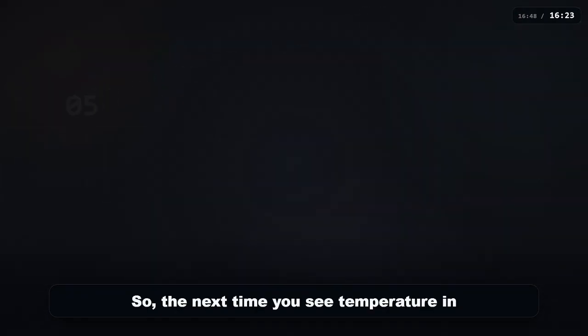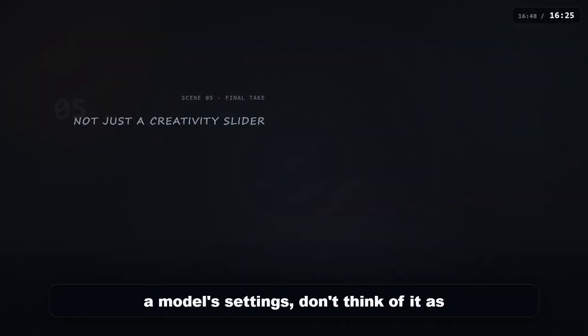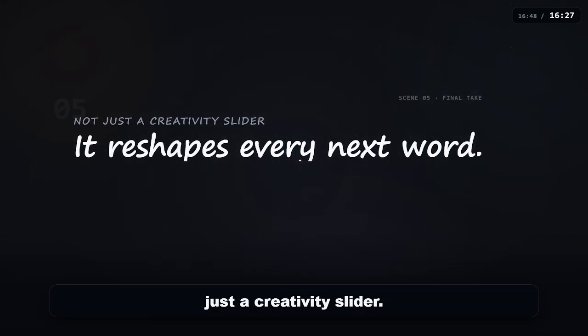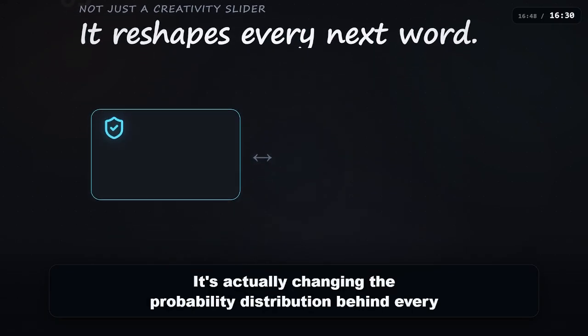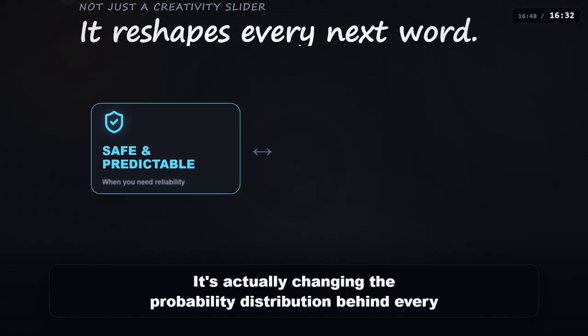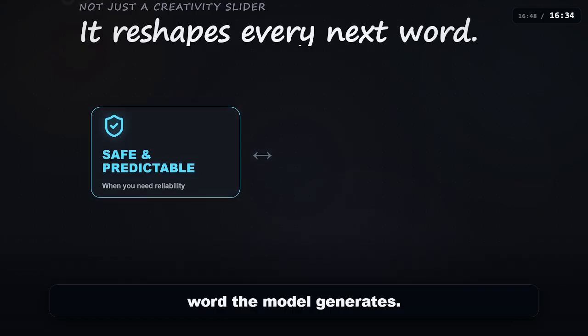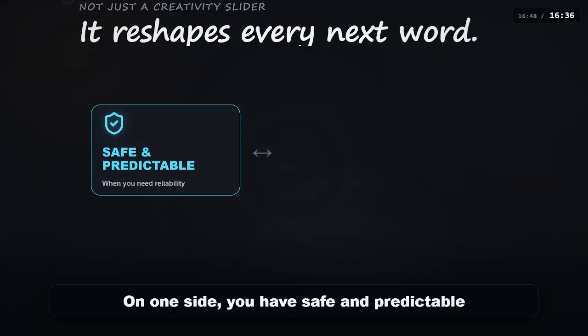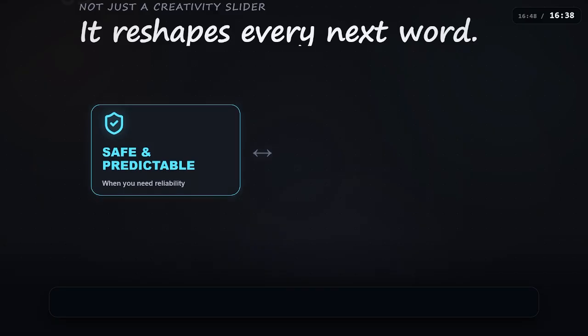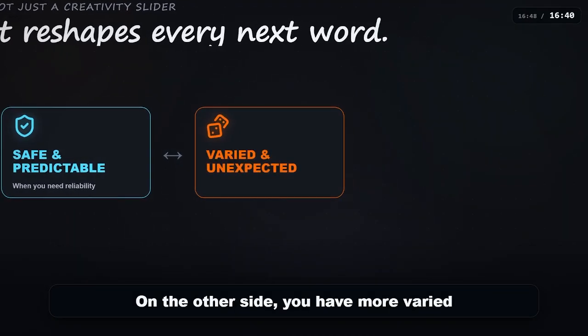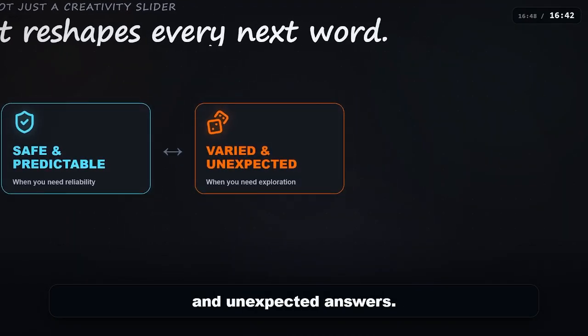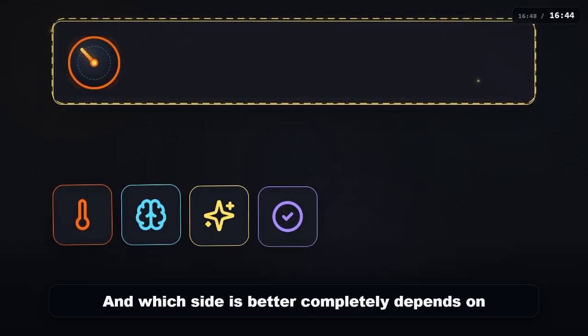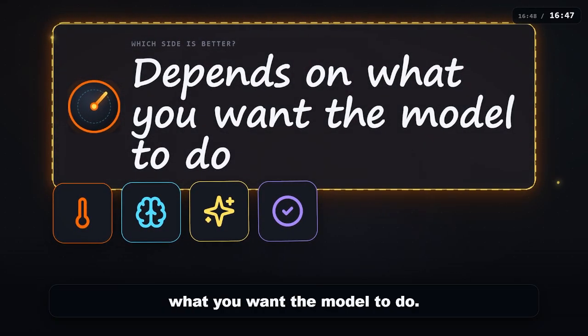So the next time you see temperature in a model's settings, don't think of it as just a creativity slider. It's actually changing the probability distribution behind every word the model generates. On one side, you have safe and predictable answers. On the other side, you have more varied and unexpected answers. And which side is better completely depends on what you want the model to do.